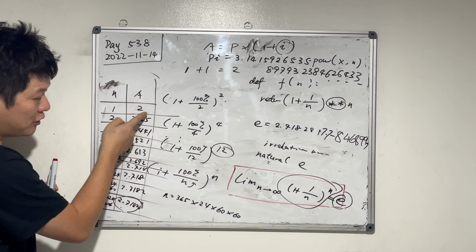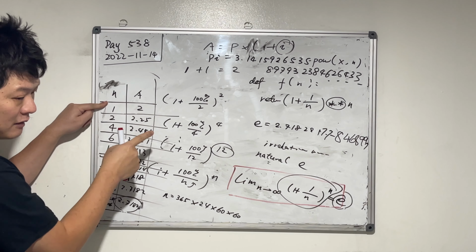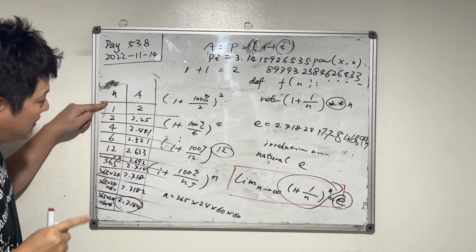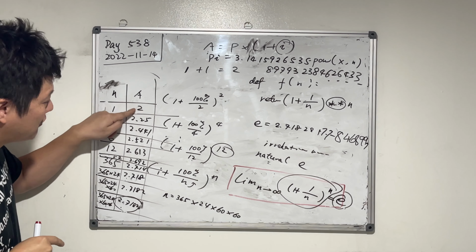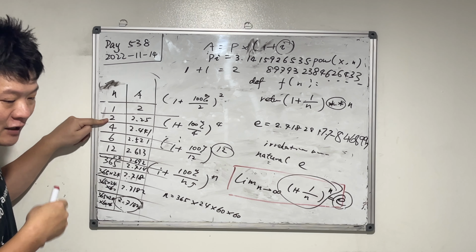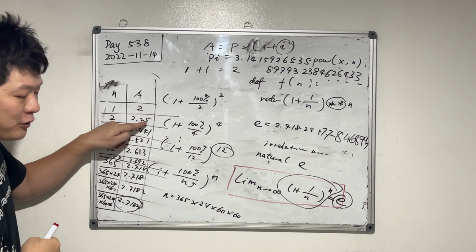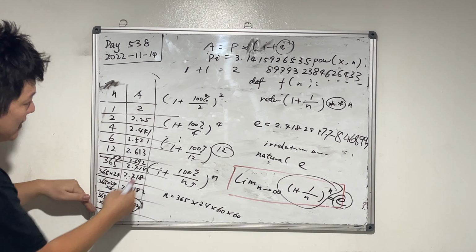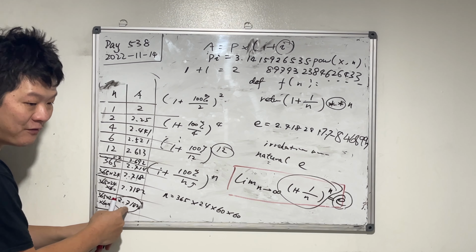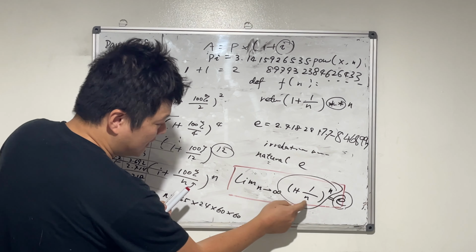Remember, you have one pound and the interest rate is 100%. In 12 months, in a year, you get 2 pounds. If we split it into 2, you get 2.25. As n goes larger, the amount of money gets larger, but there's a limit. It's not infinity.